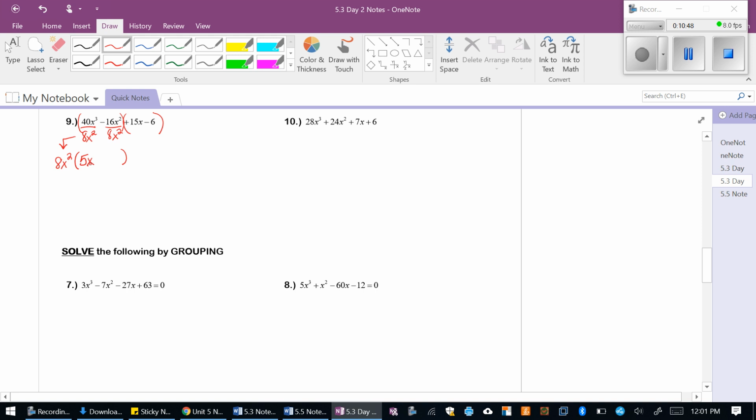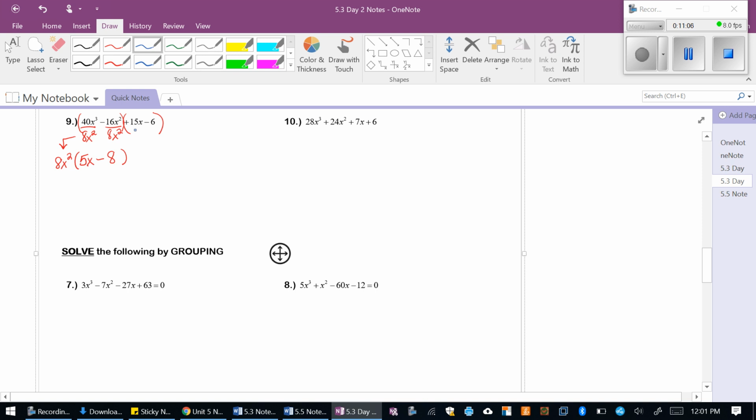Negative 16x squared divided by 8x squared is negative 8. And now I need to figure out my GCF for the second pair. So 15x and negative 6, my GCF for that will be 3.